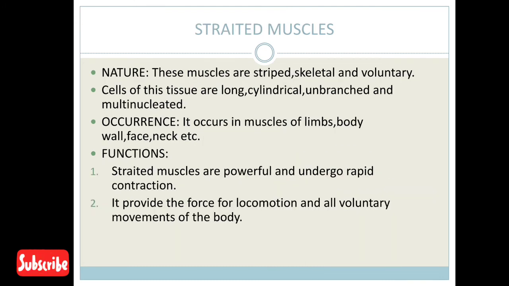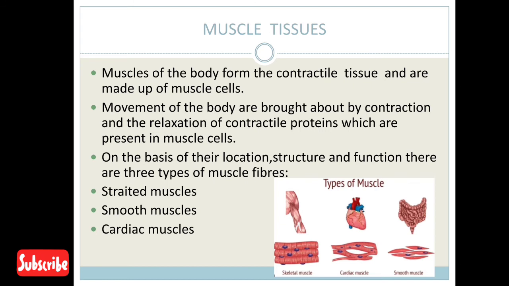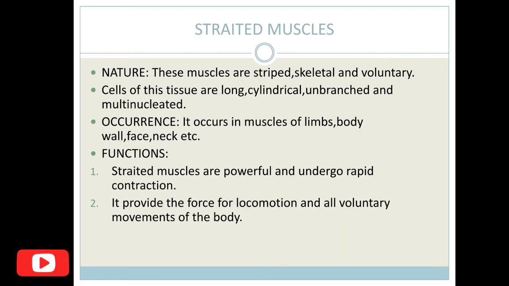So the striated muscles, also known as the skeletal muscles, are striated and voluntary, means they can be moved, and the cells of this tissue are long and cylindrical, unbranched and multinucleated, means many nuclei are present. It occurs in the muscles of the limbs, and then the body wall, face, neck.